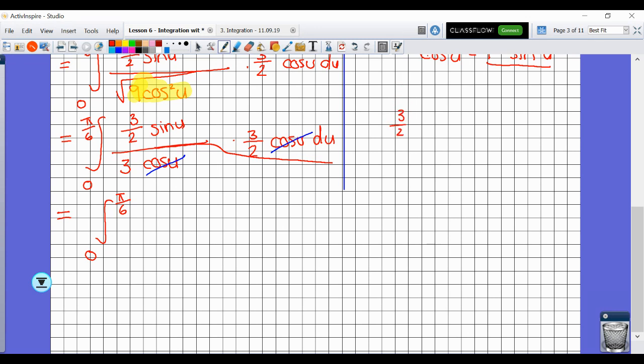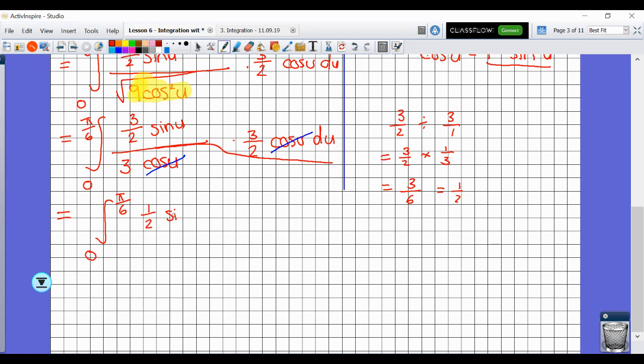So what we're essentially doing is 3 over 2 divided by 3. I'll just put it over 1. When you divide fractions, remember you flip the second and multiply. So if you multiply the top 2, multiply the bottom 2, which is a half. Okay, so that's what that part gives you.